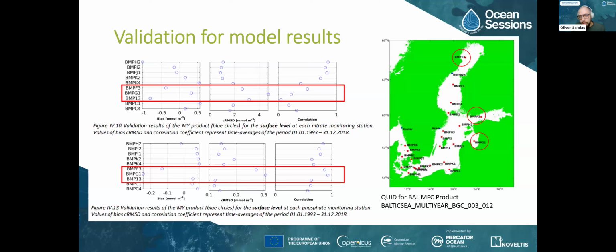Now, there could be many sources for disagreements between the model and observations, mainly availability of observational data, including monitoring station network and temporal resolution. Also model resolution, data assimilation, different kinds of forcing, model topography and configuration of the basins, as well as oversimplification of biochemical processes, for example.